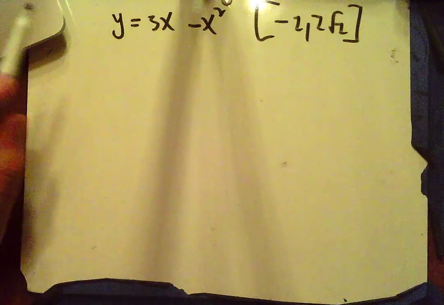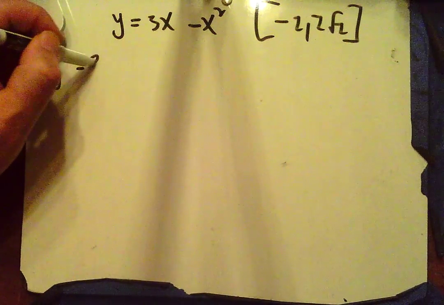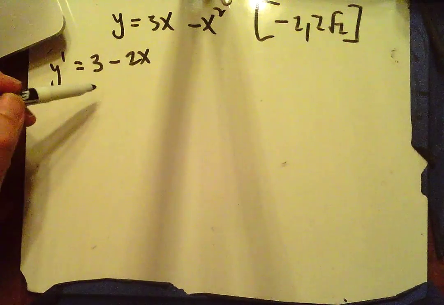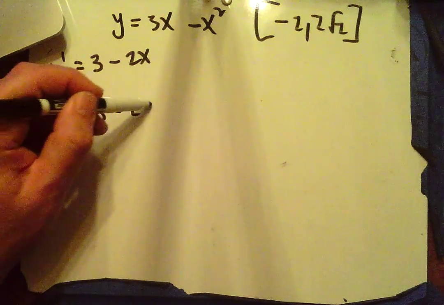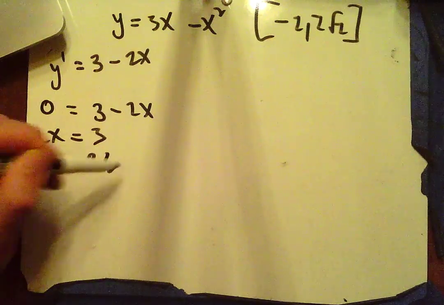3. Y equals 3x minus x squared, and negative 2 to 2 root 2. Alright, so y prime is going to be 3 minus 2x. Again, I have a linear derivative. That's never undefined, but the linear derivative is equal to 0 at x equals 3 halves.